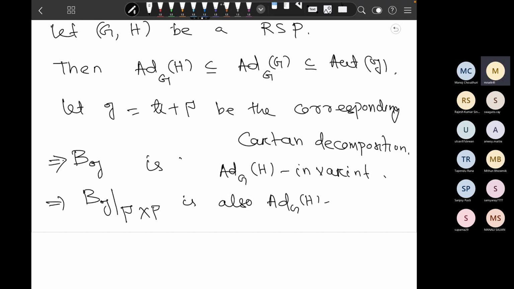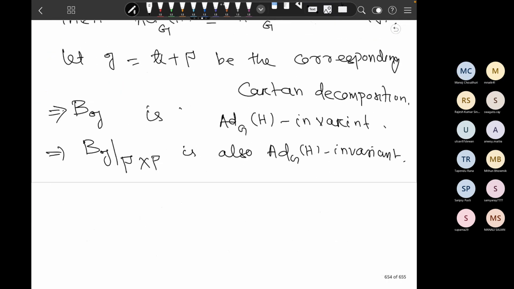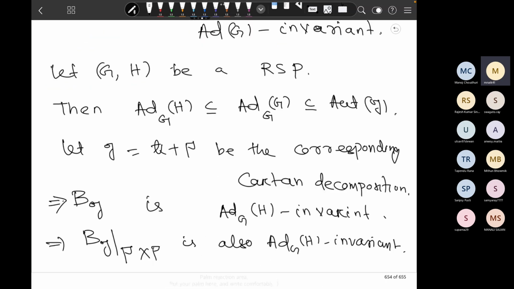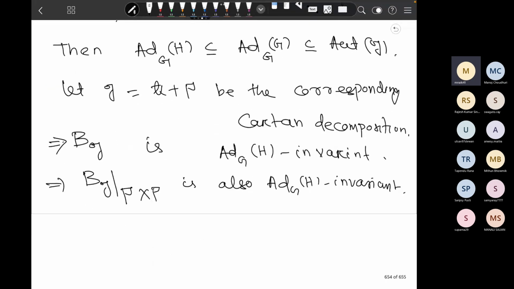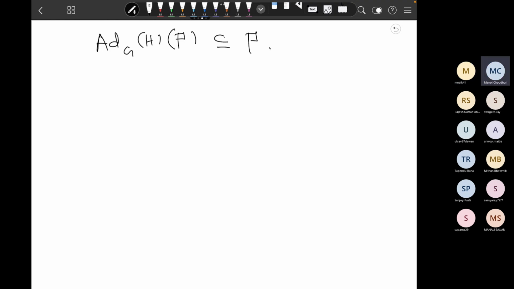This is trivial because the Killing form is Aut invariant. But it means that 𝔭 is Ad_G(H) invariant. I have shown that Ad_G(H) 𝔭 is really a subset of 𝔭. Yes, then it makes sense.